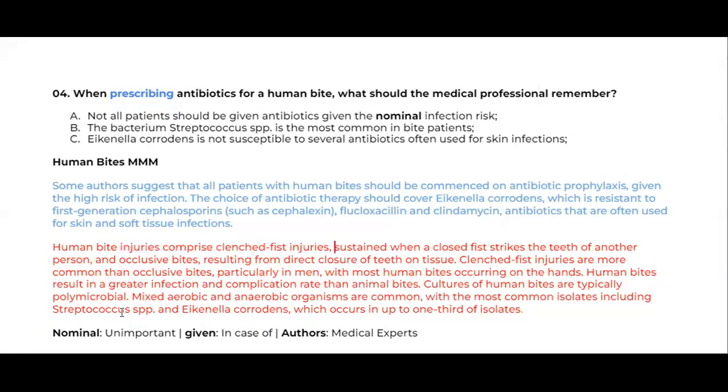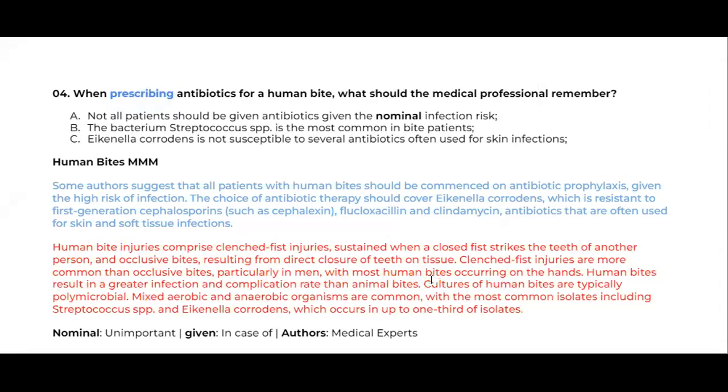This is completely about the types: injuries sustained when a closed fist strikes the teeth of another person, and occlusive bites. So these are types of bites. Clenched fist injuries are more common than others, this is also about types. Can you find anything like prescription mentioned here? There is no prescription mentioned here.